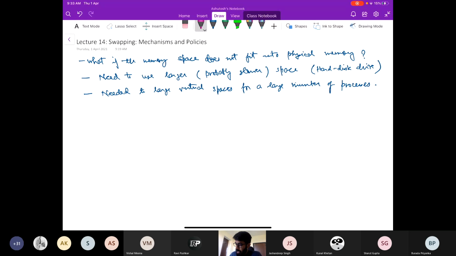So the first idea is the swap space on the hard disk. So this is reserved space on the disk. So I'll be using just disk sometimes for hard disk drive.